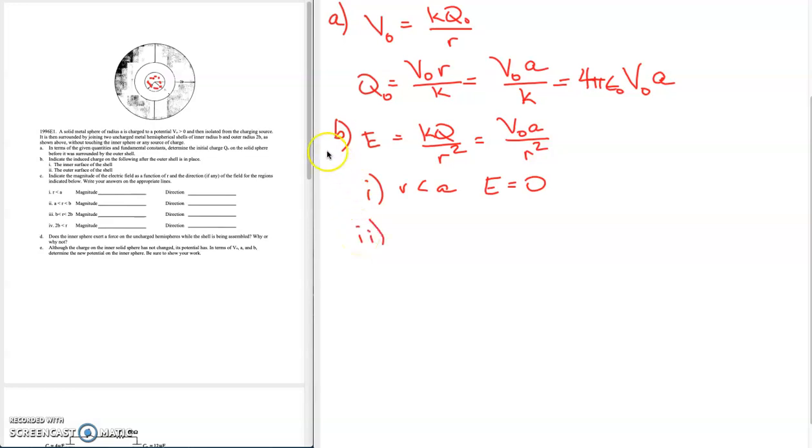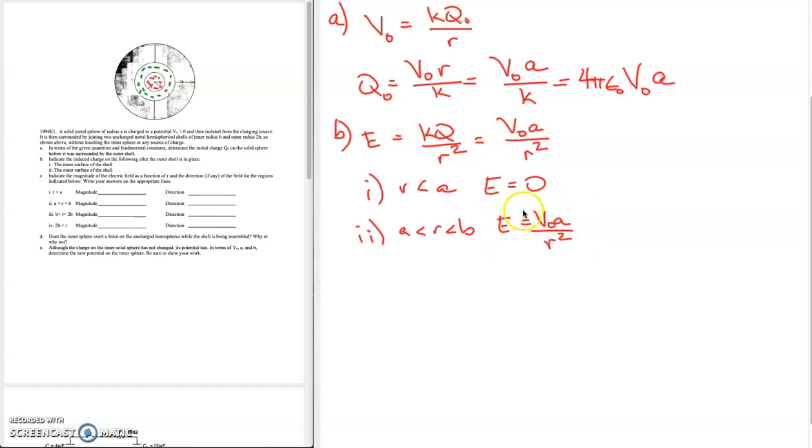because all of the charge always goes to the outside of the conductor. All right, part 2, in between the two of them, here, let me change colors. We will have green here. Now in between them, we have a radius bigger than A. We have now enclosed all of that charge, less than B. So for A less than R less than B, we're going to have E is V naught A over R squared.